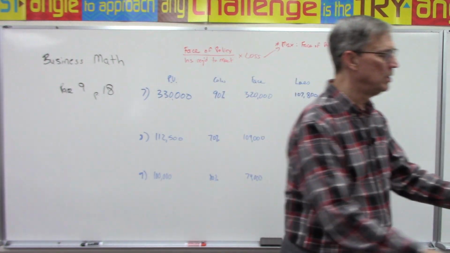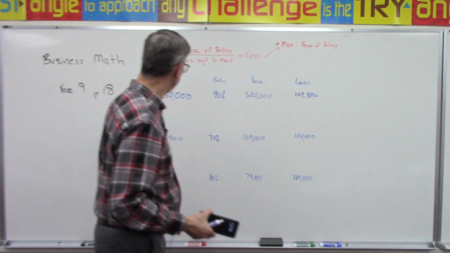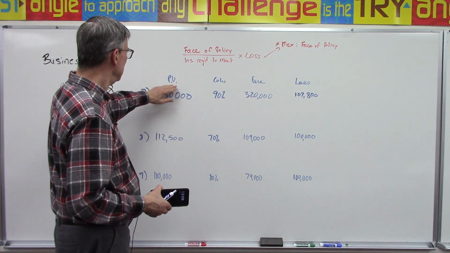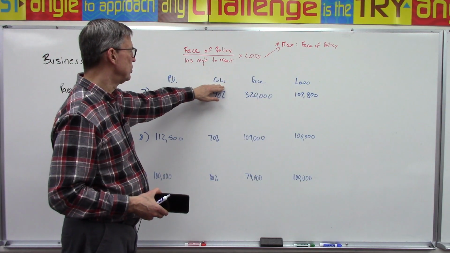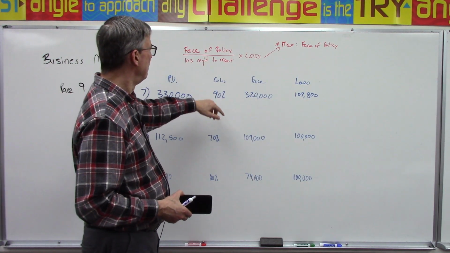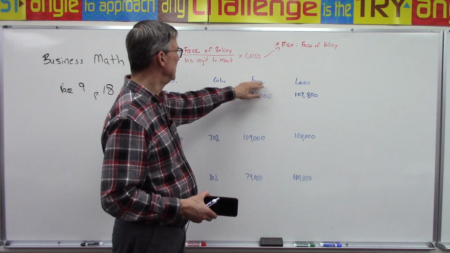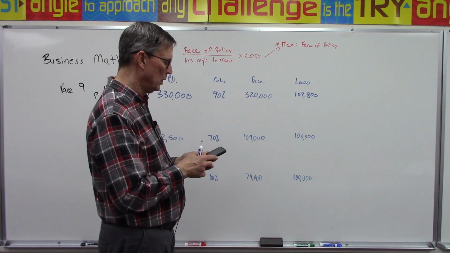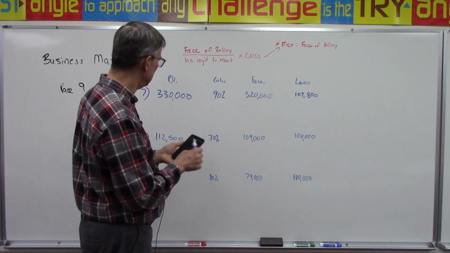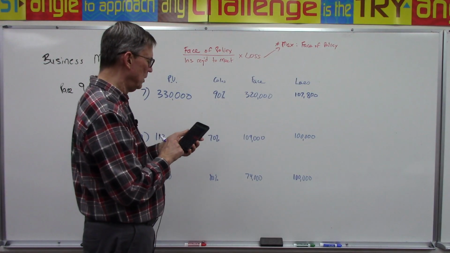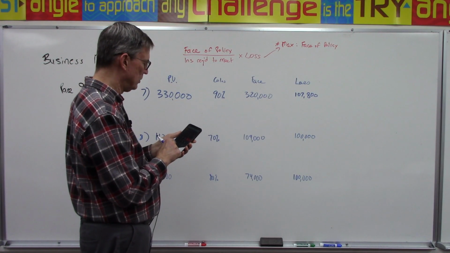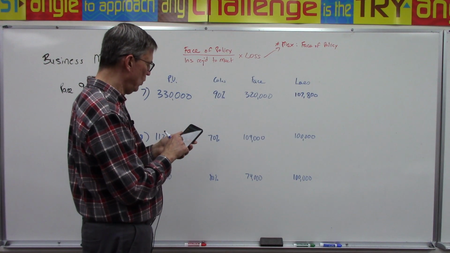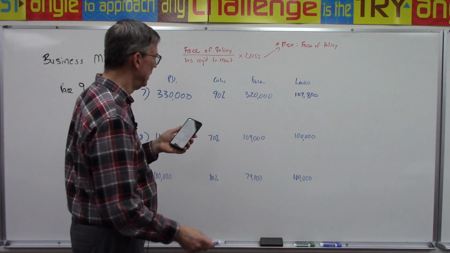All right, let's try to do these 3 problems together. This is the property value, the co-insurance percentage, and then the face value of the property. What it says we have to do is take the property value, so I'm going to plug in 330,000 times 0.9, okay?